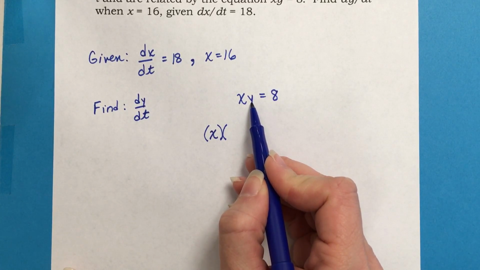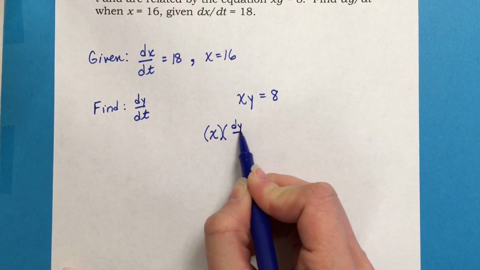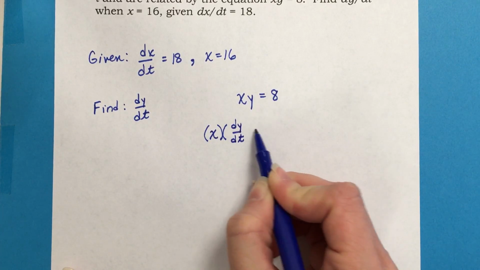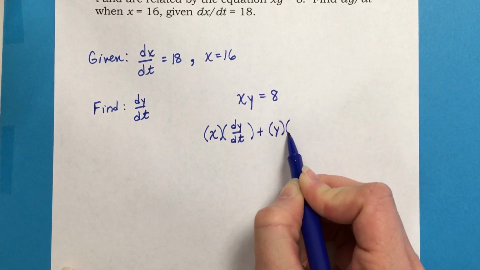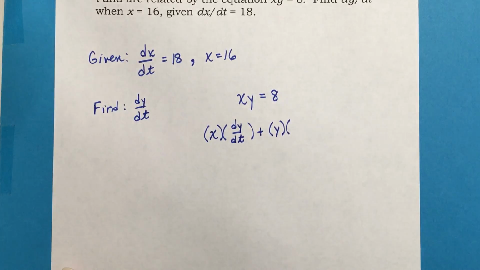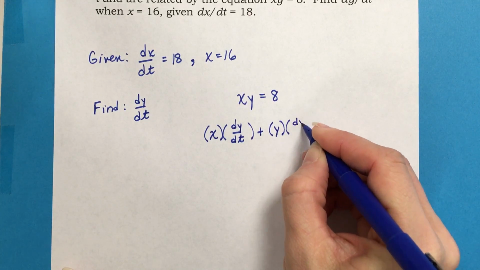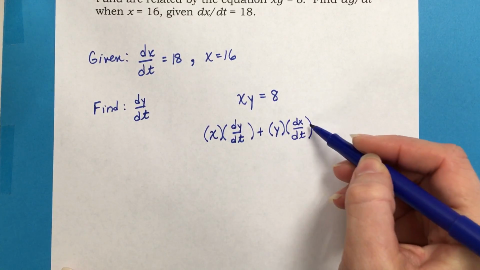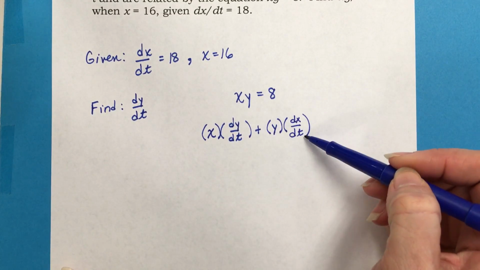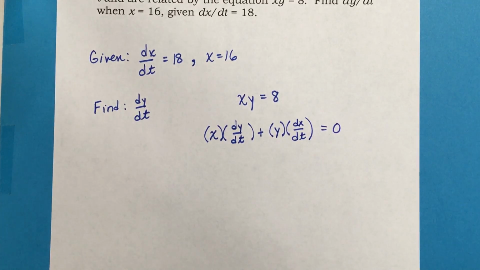Well, the derivative of y would be just 1, but then you'd have to do dy dt, plus second function times the derivative of the first function. So the derivative of x would be 1, but then you have to apply that chain rule and you have dx dt. So you're taking the derivative of an x, but with respect to time. And then that would be equal to 0. Derivative of 8 is just 0.